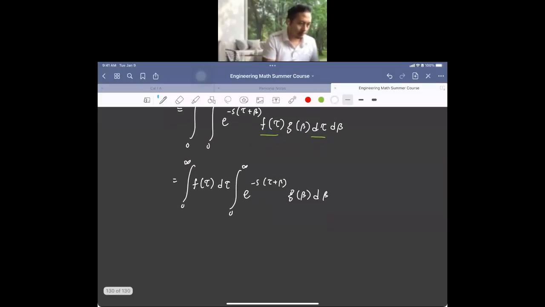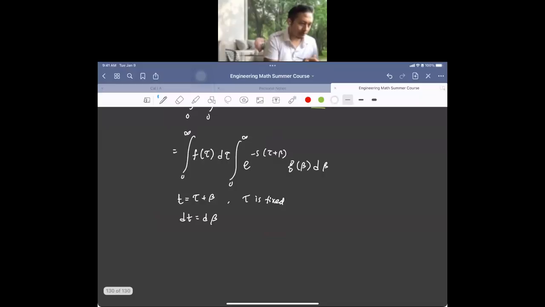And if we let t equal tau plus beta, and assume that tau is fixed for the beta integral, then dt is d beta.